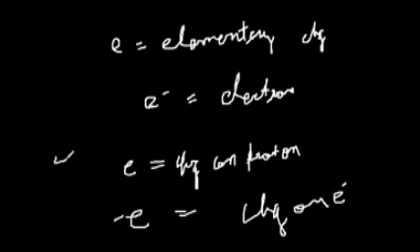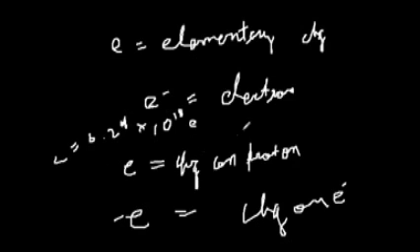1 coulomb is equal to 6.24 into 10 to the power 18 E. It is the charge on a proton. That is 1 coulomb.